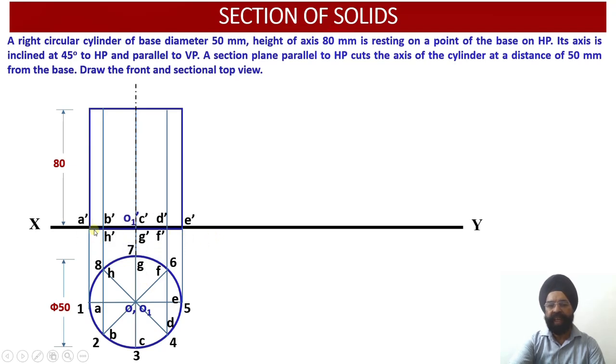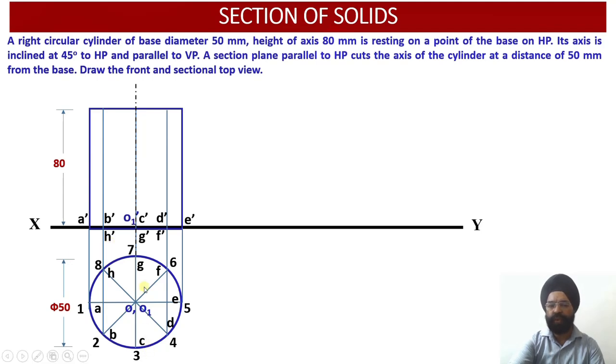Just see, A dash is the projector which is through A, and it is going to meet the vertical plane on the XY line. Similarly, if you draw the projector through B and H till it intersects the vertical plane, you get the points B dash and H dash on the XY reference line, since the base is resting on the ground.